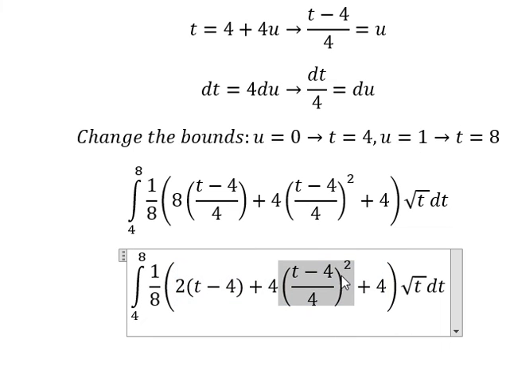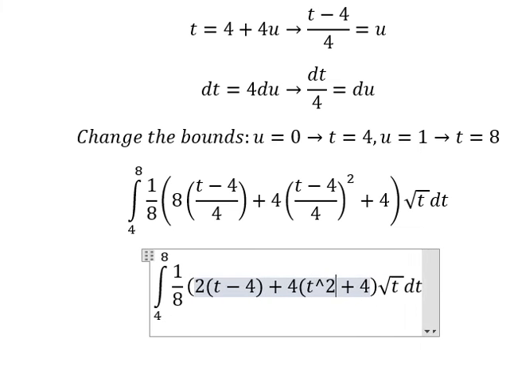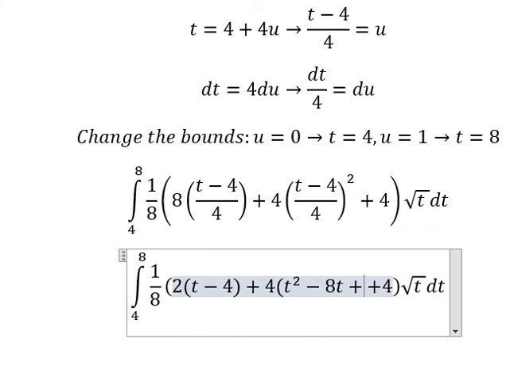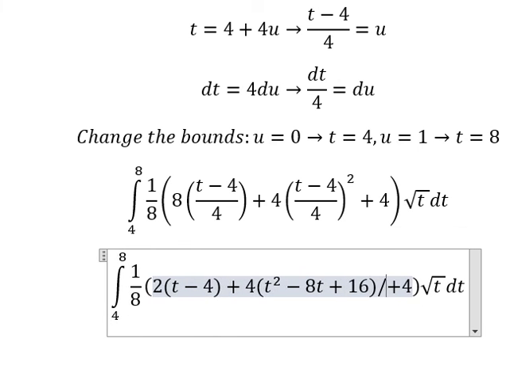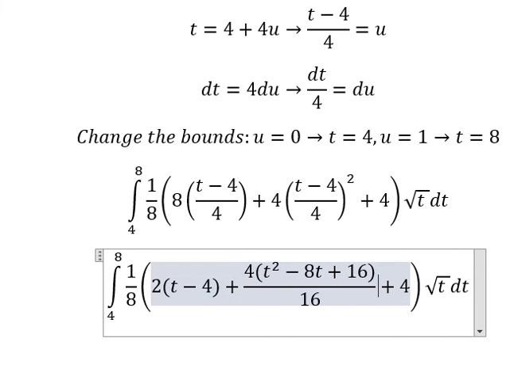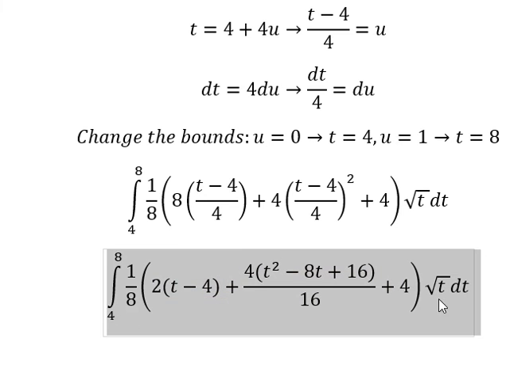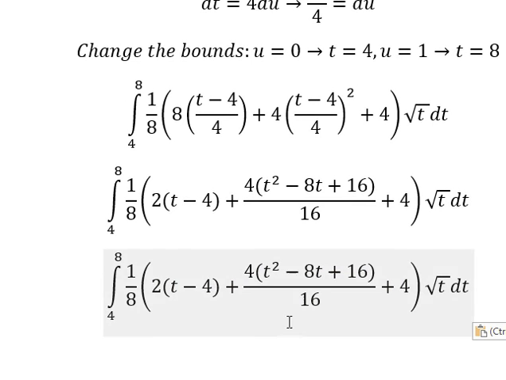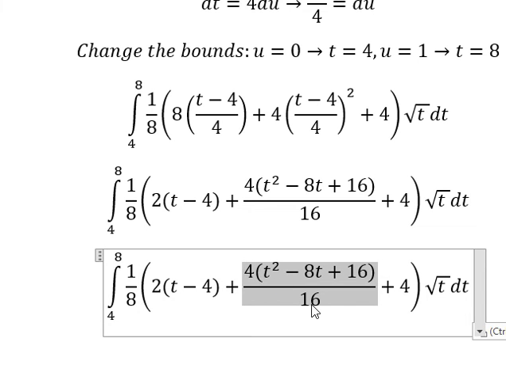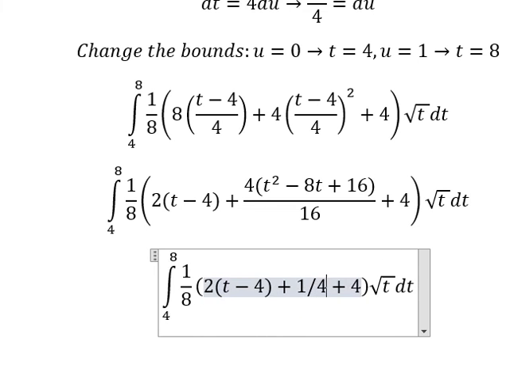This one we need to expand. So we need to simplify this one. 4 divided by 16, we have 1 over 4.